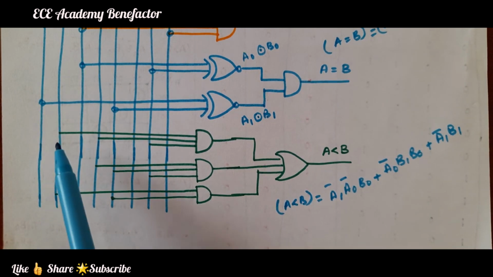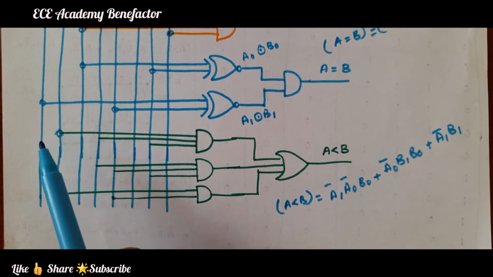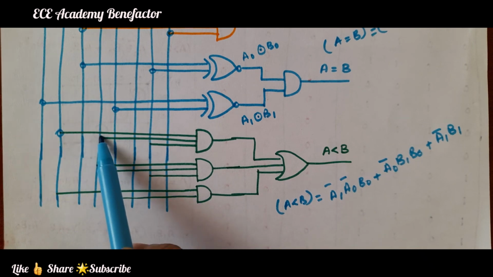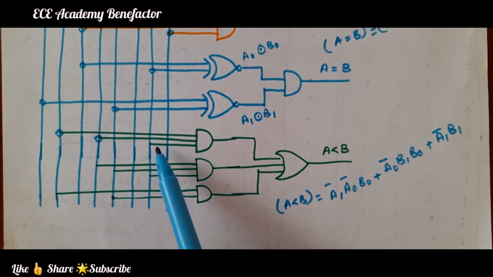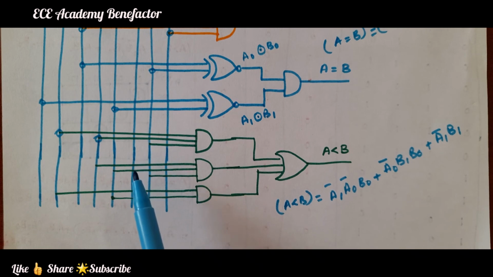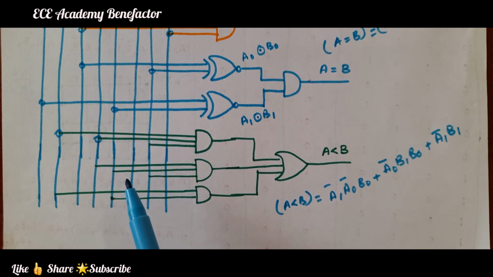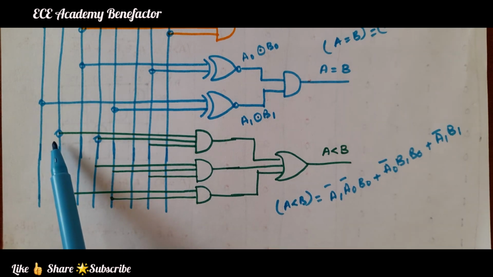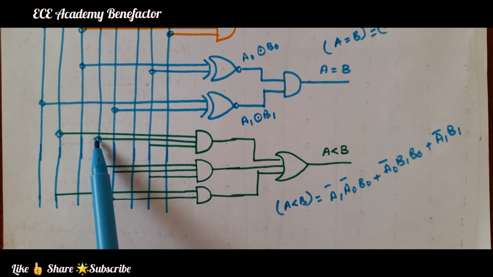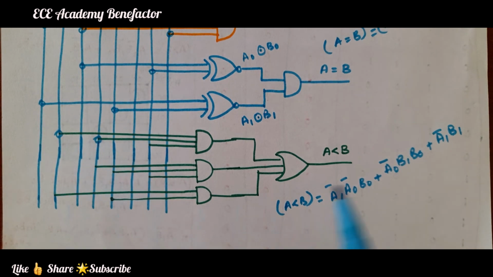So the first term: A1 bar, A0 bar and B0, connected to A1 bar, A0 bar and B0.